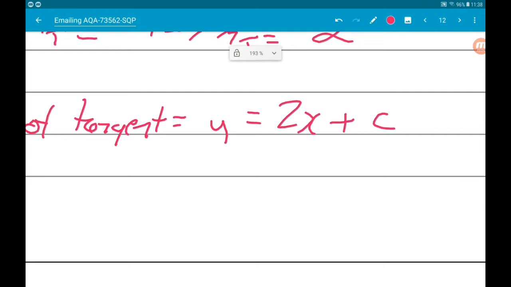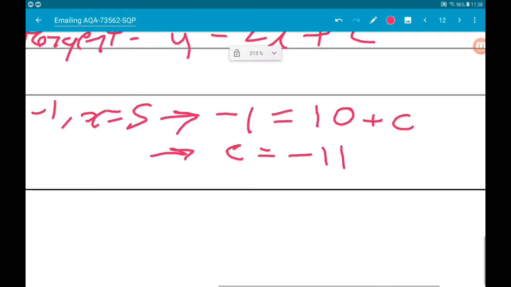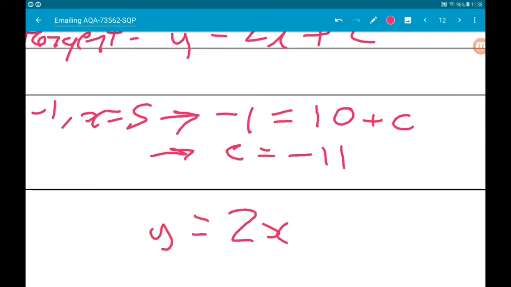So y = −1 and x = 5 gives us −1 = 10 + c. So c is equal to −11. So the equation of our tangent is y = 2x − 11.